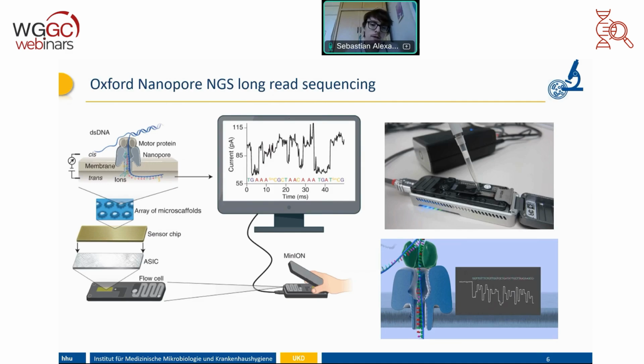Every one of the 4 different nucleotides gives different changes in the ion current, and from this we can calculate the nucleotide sequence of the DNA we added to the flow cell.